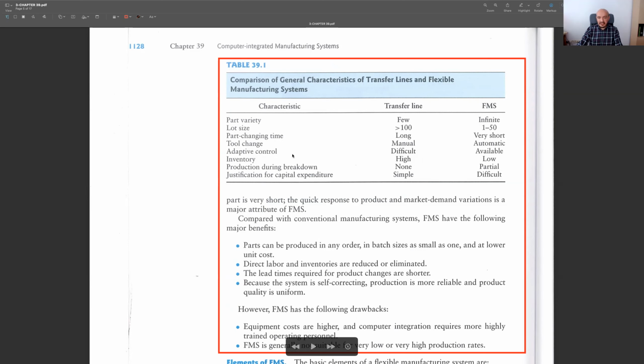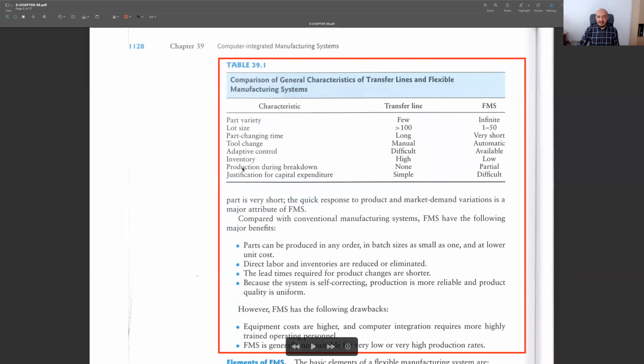What about inventory? If you want to produce a new part again, you need to invent, you need to modify lots of things. But in flexible manufacturing systems, you don't need to spend too much time for the new products. By doing little modifications, you can produce new products and you don't need to invent any new approaches, kind of things.